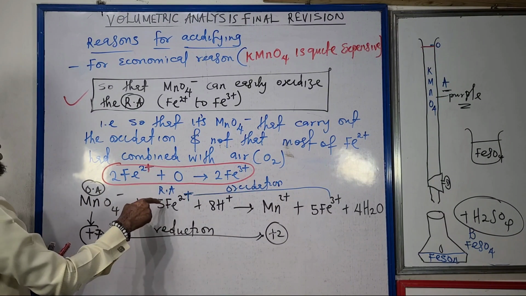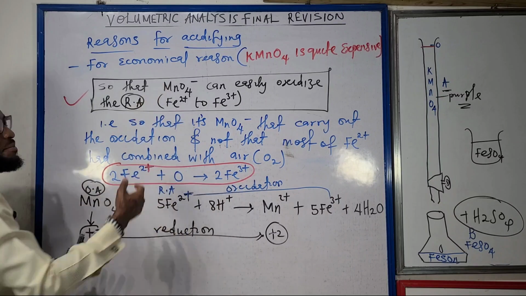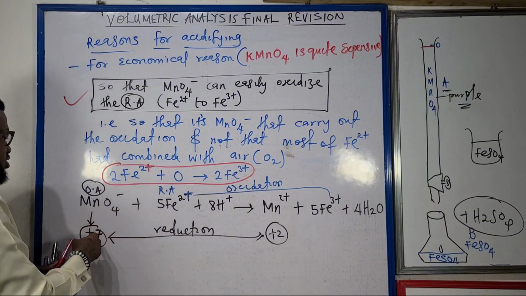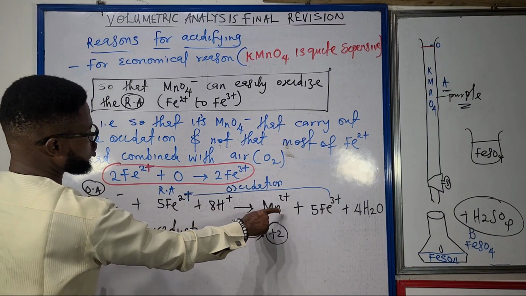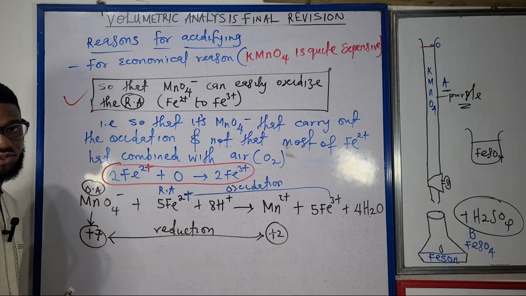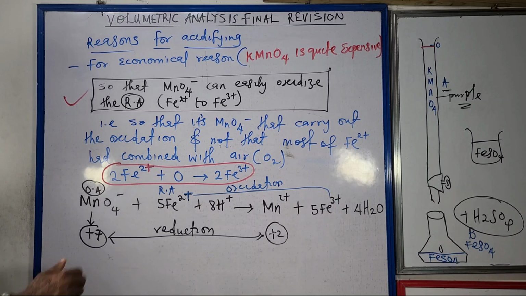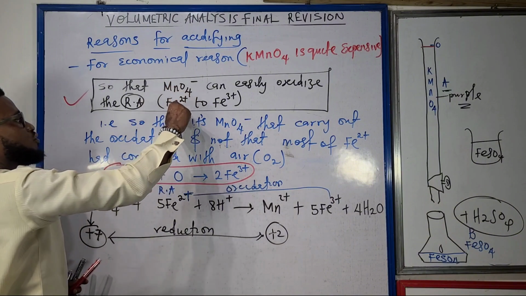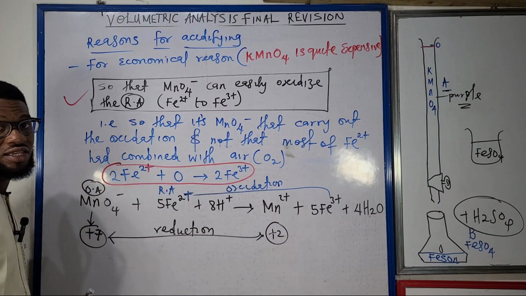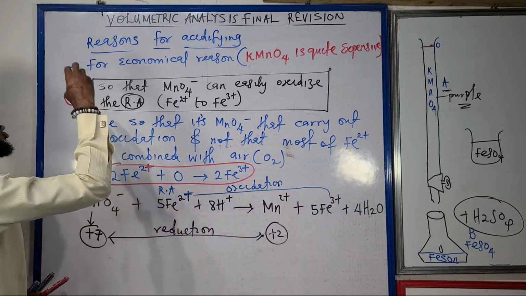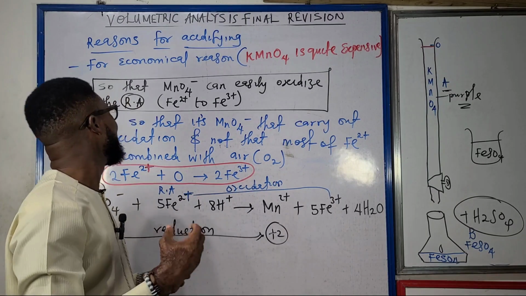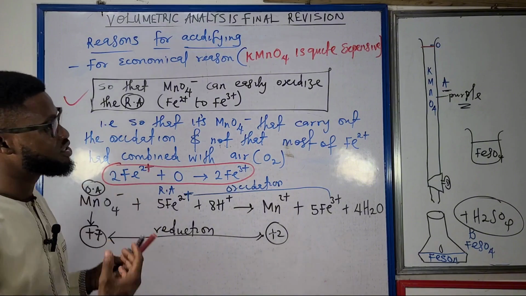The reducing agent wants to give out electrons so that manganese will collect or accept that electron to become manganese 2 plus. So we are basically acidifying to prevent oxidation of iron 2 ion to iron 3 ion, so that tetraoxomanganate ion can easily oxidize the reducing agent.